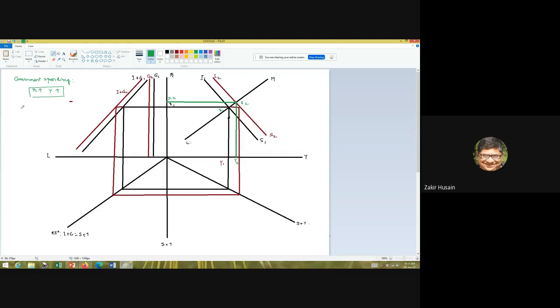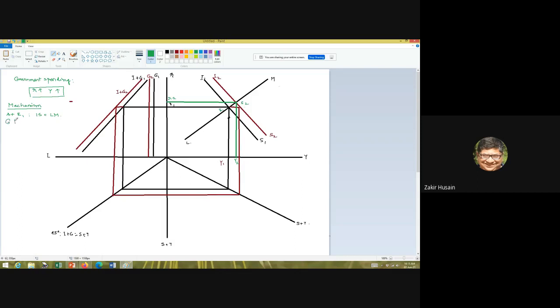Okay, now let's look into the mechanism. So initially we are at E1. So the IS and LM curve is intersecting. We have equilibrium in both money and commodity markets.